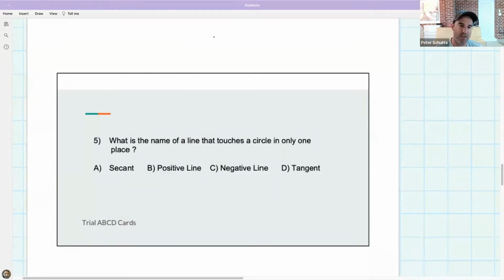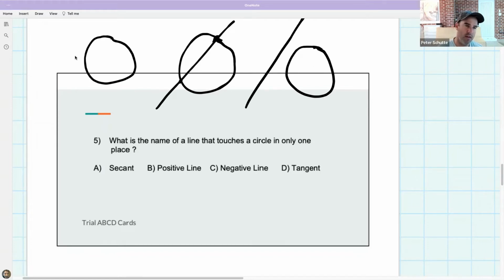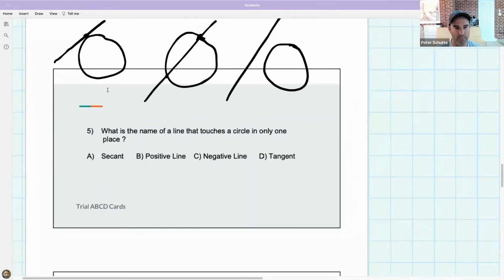So let's imagine this. Here's a circle. How would a line touch a circle in only one place? This line would touch the circle in 2 places. This line wouldn't touch the circle at all. But this situation, if I just got it right, would touch the circle in only one place.